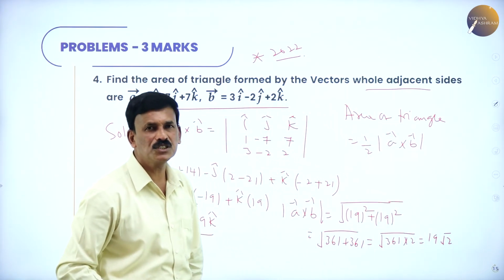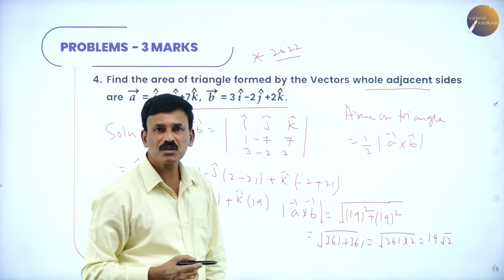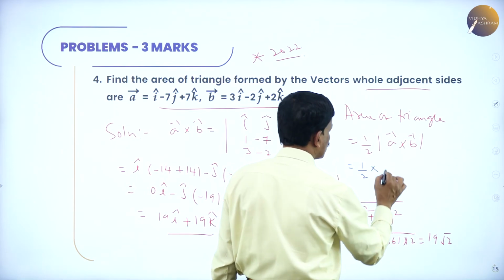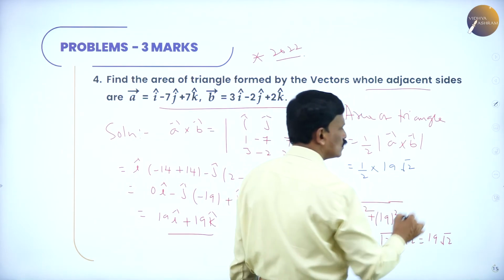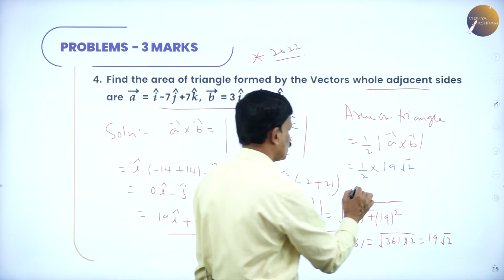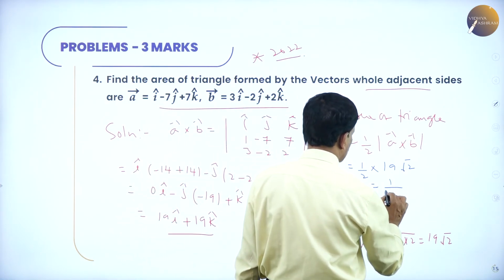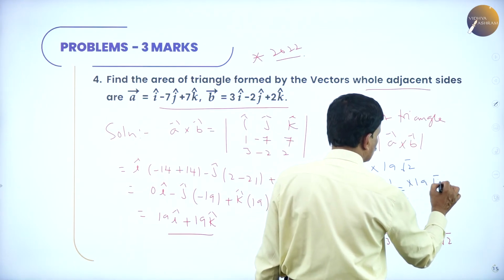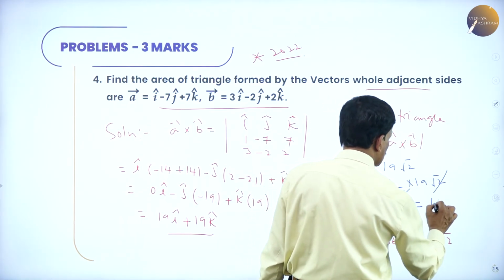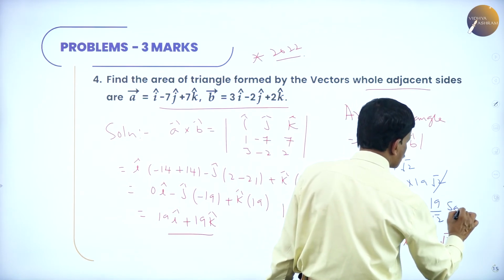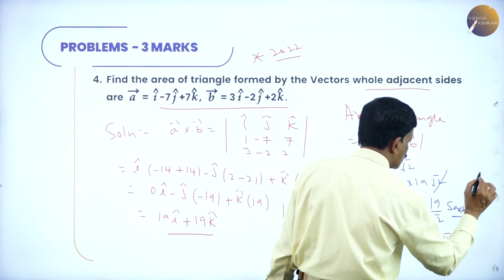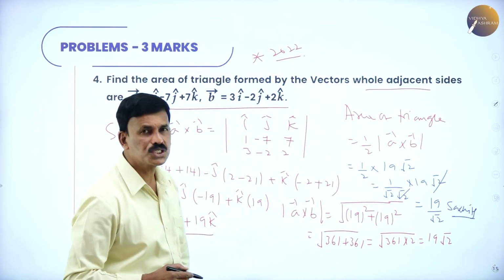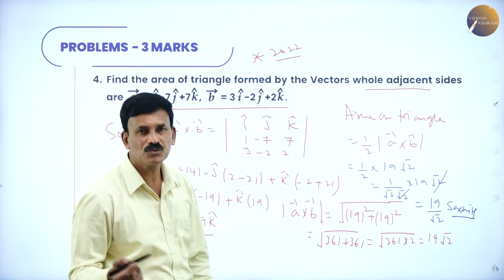Now the area of the triangle is equal to half into length of A cross B, half into 19 root 2. This can also be written as 1 over root 2 into 19 root 2. So 19 by root 2 square units is the required area. That's it. Hope you followed.